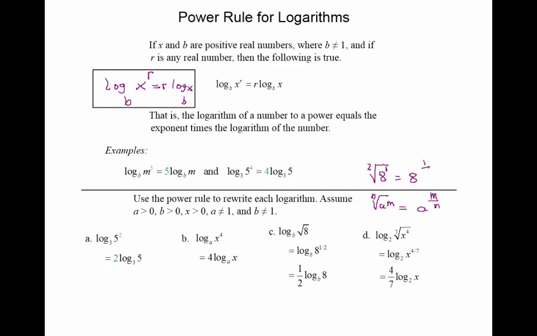So it would be 8 to the power of 1/2. So I can move this 1/2 right in front of the log, would be 1/2 log of 8 with the same base b. Here would be x to the power of 4 over 7, the m over n, 4 over 7. So move this 4 over 7 right in front of the log of x with the base 2.